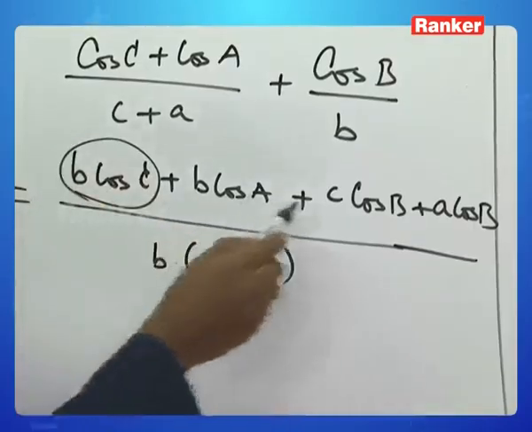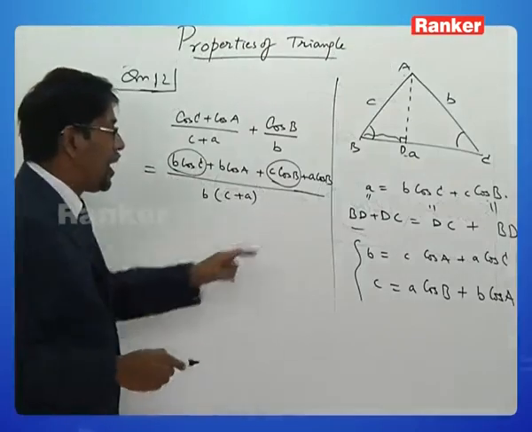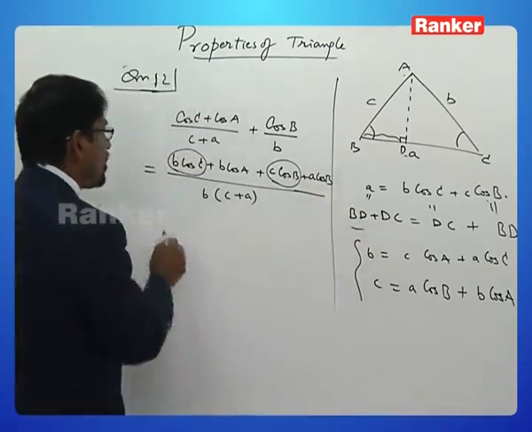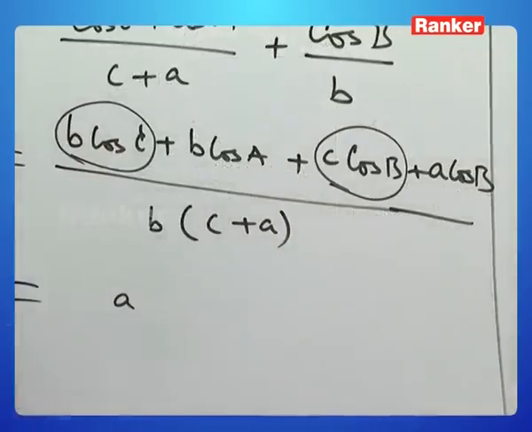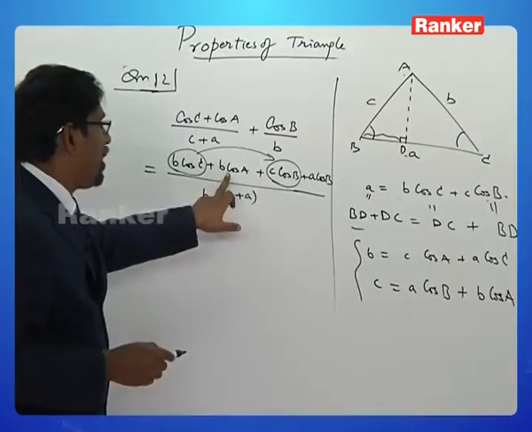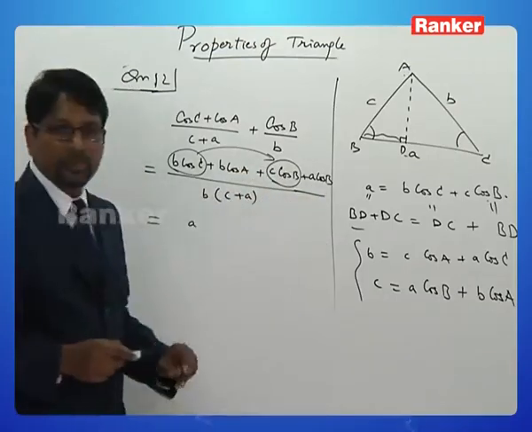But what is B cos C plus C cos B? That is A. So these two add up to A. What about B cos A plus A cos B?